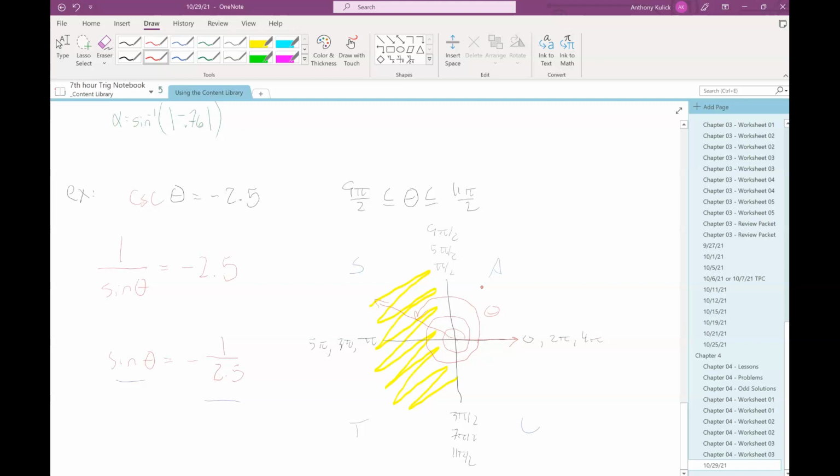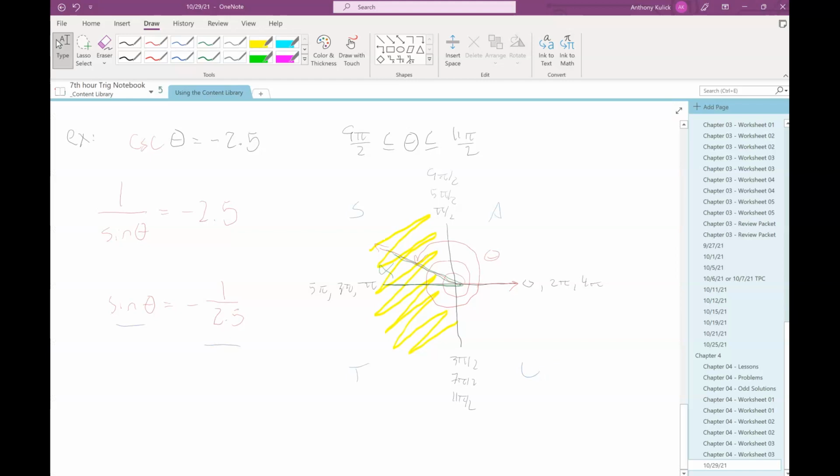So far, so good. I'll draw my angle alpha, which is here. So alpha is going to be the sine inverse of the absolute value of negative 1 over 2.5.